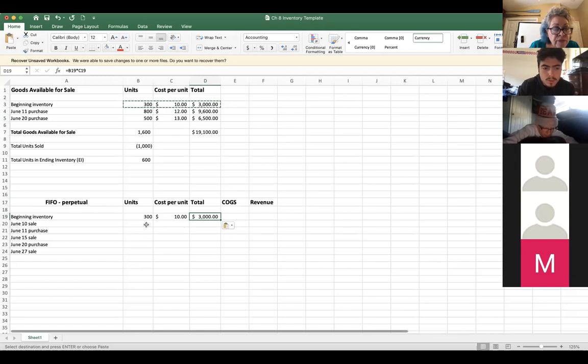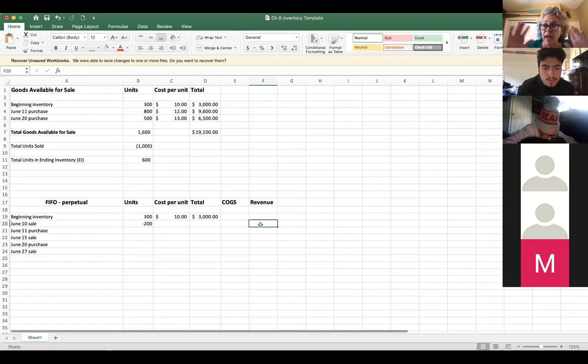And on June 10th, I sold 200 units, and my revenue, let's go ahead and calculate revenue because we know that we've got to calculate gross profit. So my revenue is the number of units times, what did I sell these 200 units at?